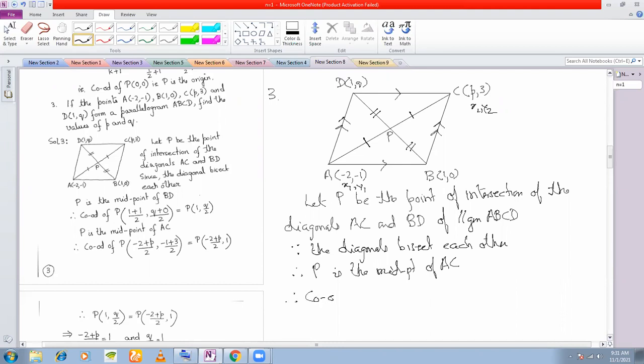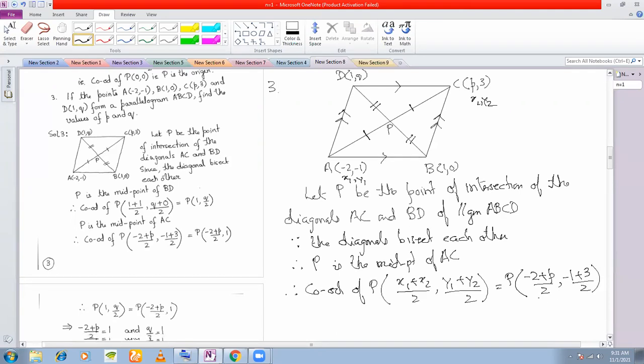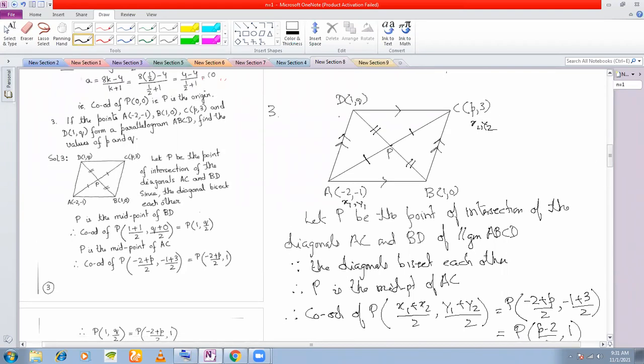Therefore, coordinates of P is ((x1 plus x2) by 2, (y1 plus y2) by 2), which is equal to ((-2 plus p) by 2, (-1 plus 3) by 2). Right? Put the values of x1, y1 and x2, y2. So therefore, what are the coordinates of P we are getting? We are getting the coordinates of P as ((p minus 2) by 2, 1). Okay, P is also the midpoint of BD, right?